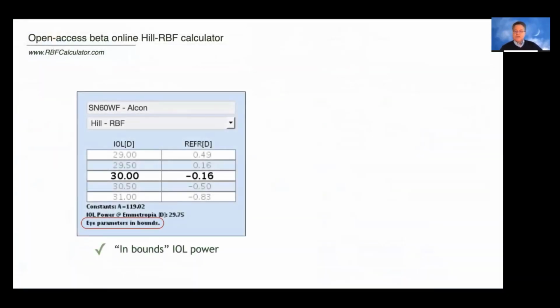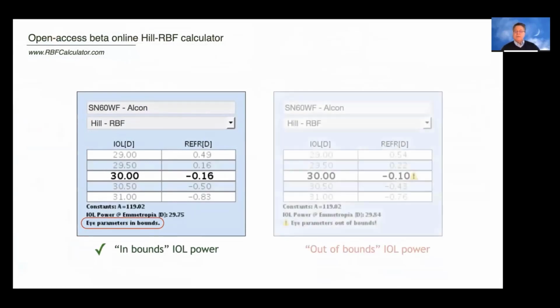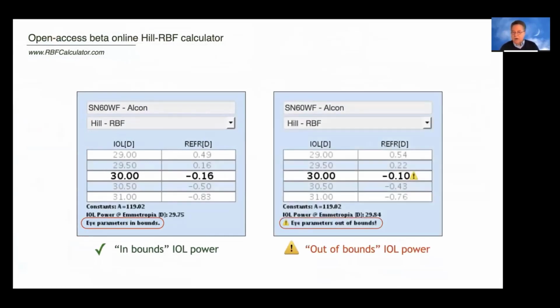Okay, so as you use a calculator, you may notice that for the exact same IOL power, some cases will give you an inbounds indication. Other cases will give you an out of bounds indication. And it has to do with the data entered. Are these data points within the boundary models?